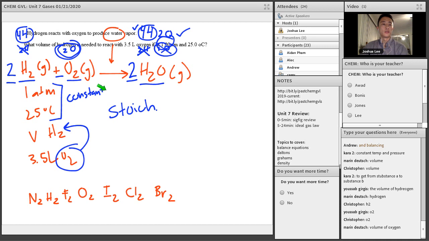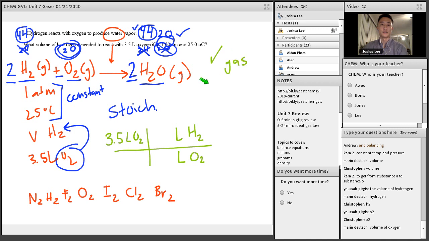So now this becomes, we start off with 3.5 liters of O2. I want to get rid of liters of O2, and I want to go to liters of H2. So in this case, we could go liters to liters because they're both gases, and there's a constant temperature and pressure, and we have a balanced chemical equation.